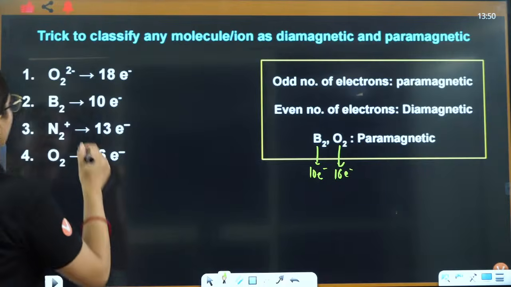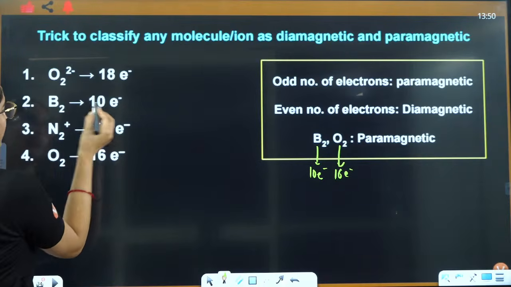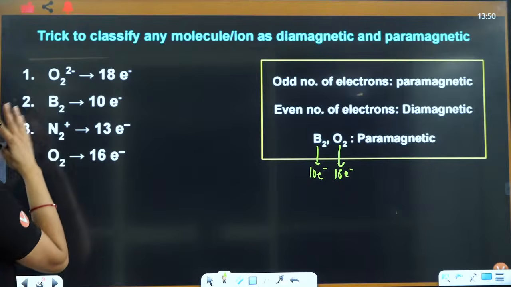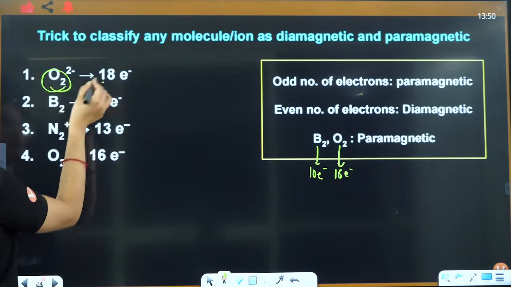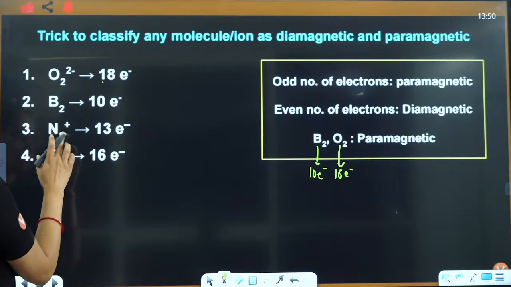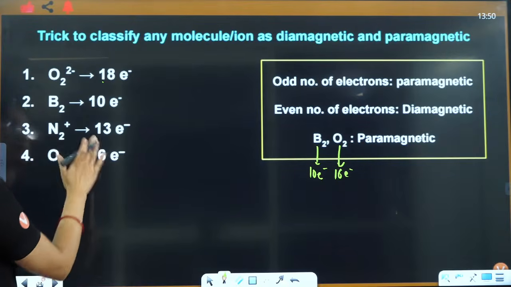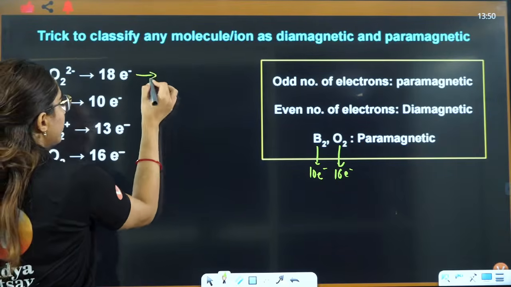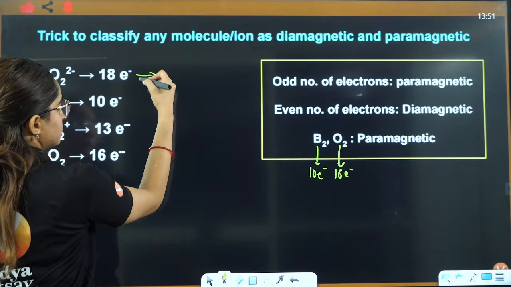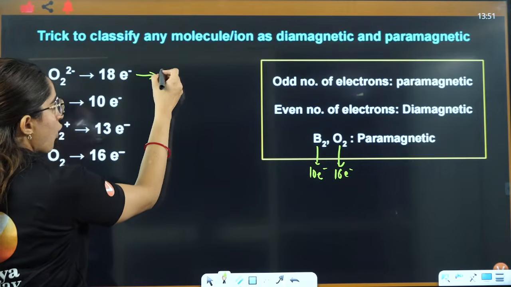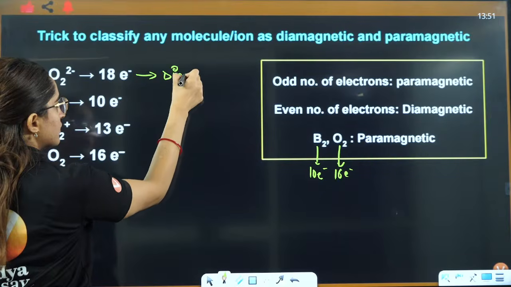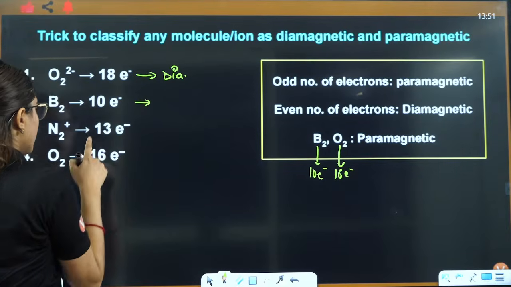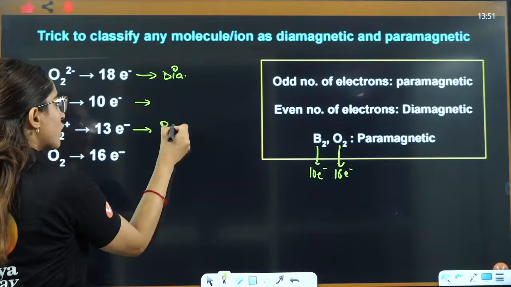Okay. So for example, you have this 18 electron, 10 electron, 13 electron, 16 that we have seen. 16 plus 2, 18, 10 electrons. This is 14 minus 1, 13. This is 16. This is even. Even is always diamagnetic, and here it is odd. Odd is always para.